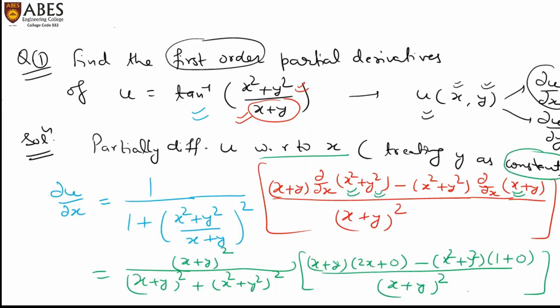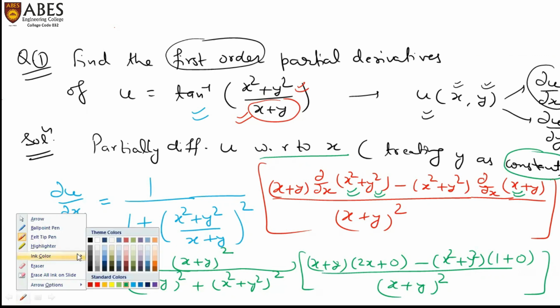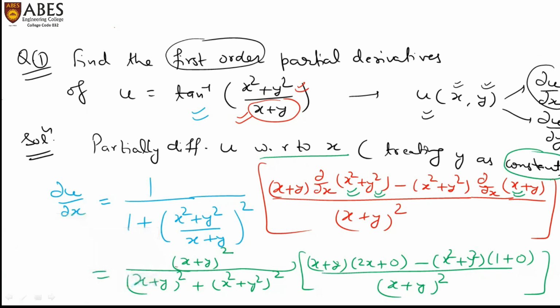So let us move and solve further. This (x plus y) whole square cancels out, and this is x into 2x, which is 2x square, correct?